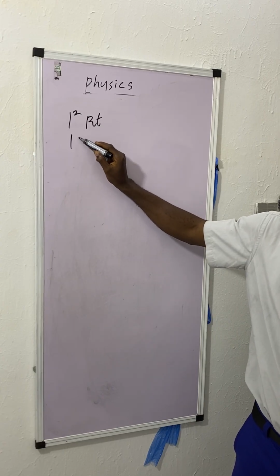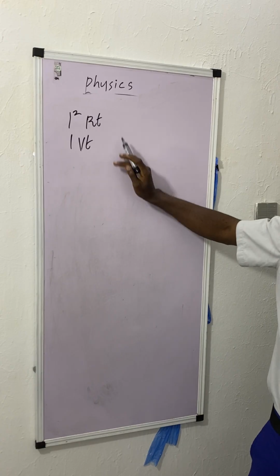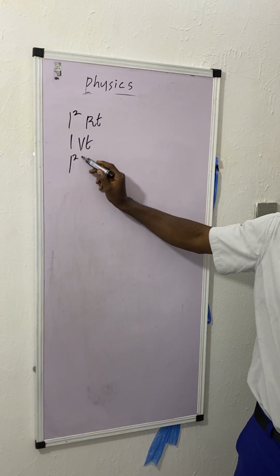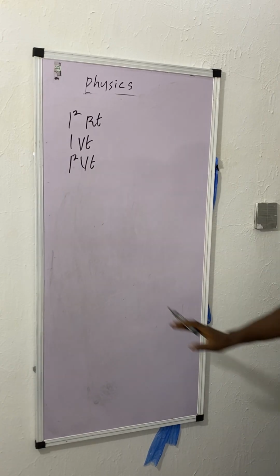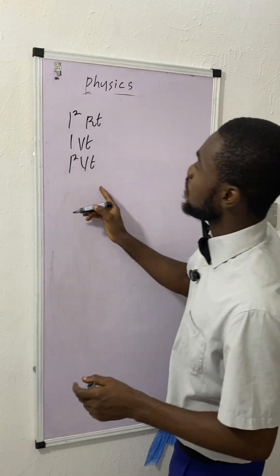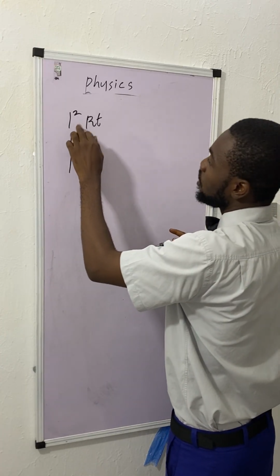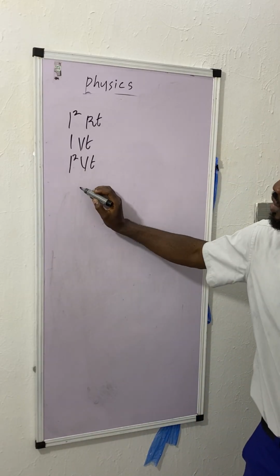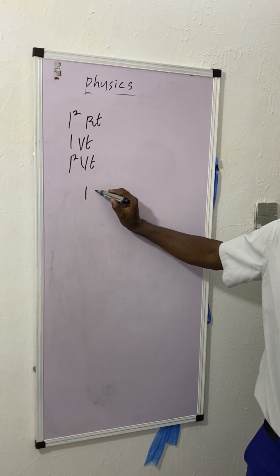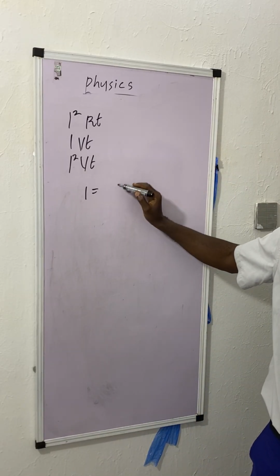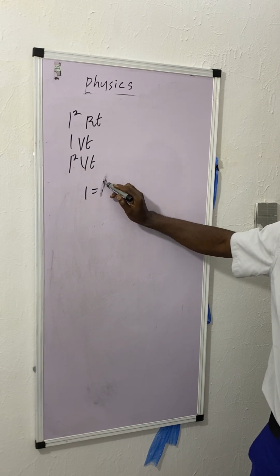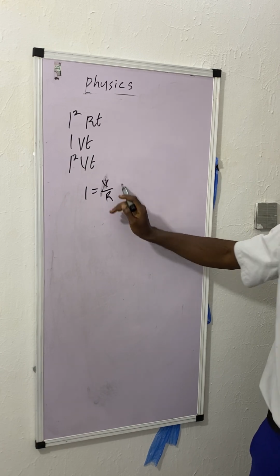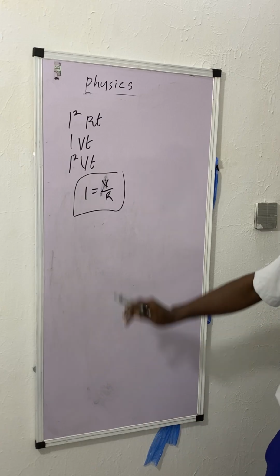You have another one, IVT. You also have another one, V squared over R times T. These are electricity formulas. Then you also have another one, the one that relates current, resistance, and volts. That one is I is equal to V over R, that's Ohm's law. So you now use Ohm's law to finish it up.